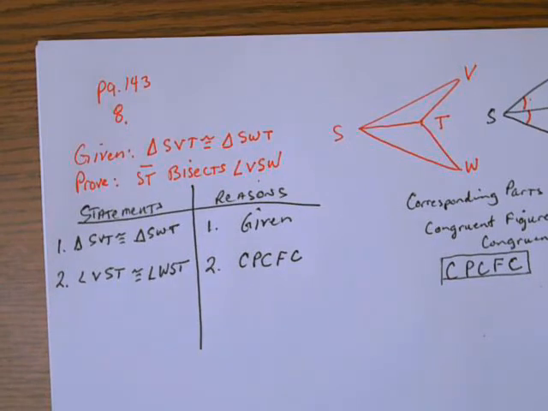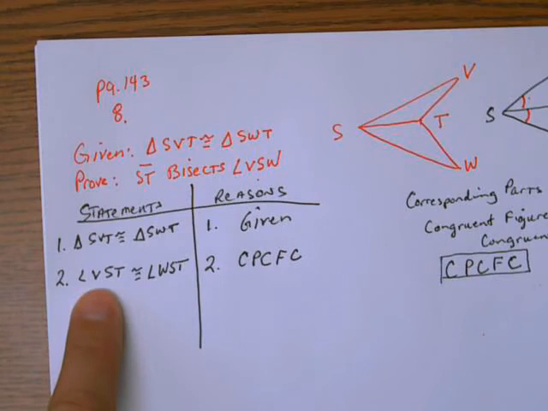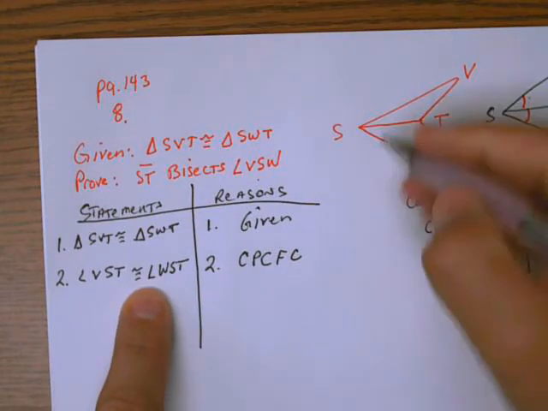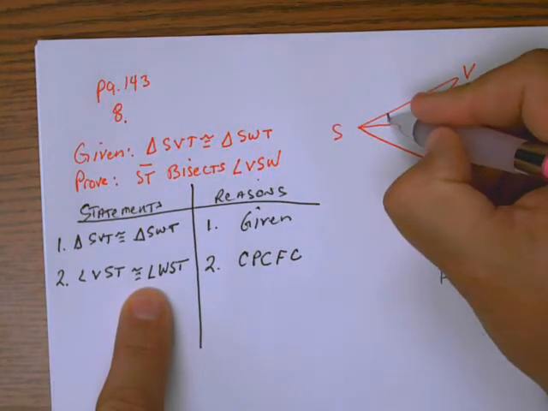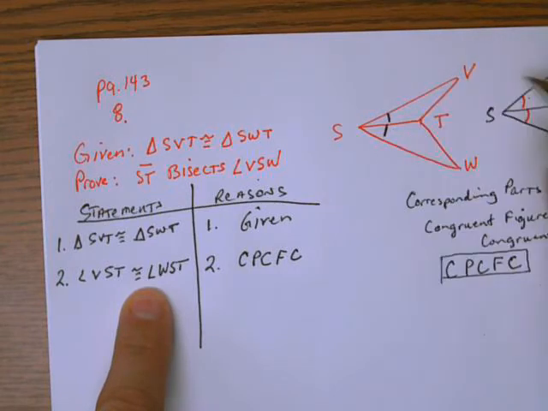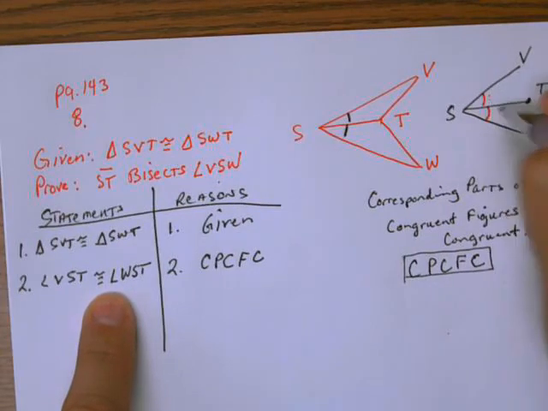Just know what it means. If you're going to use an abbreviation, know what it means. Corresponding parts of congruent figures are congruent. Okay, so now since I've said that these two angles are congruent, where are they? In my picture, they're right here. Or like I showed over here, they're there and then.